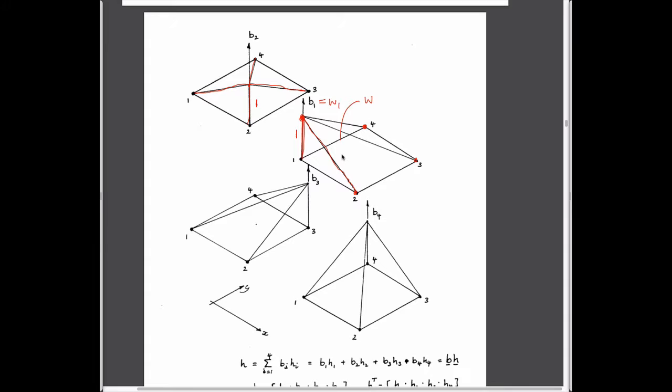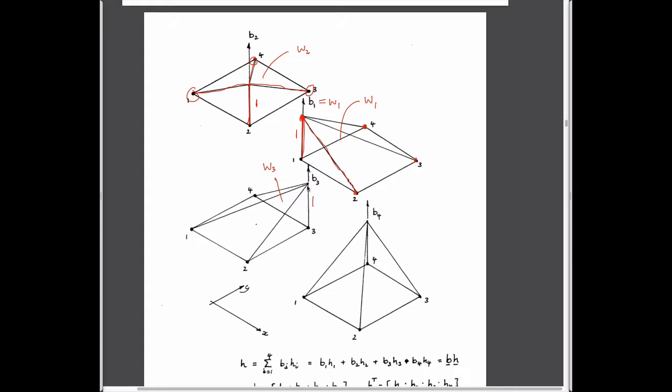It's important for us to realize that. So this is the function w1. This would be the function w2. It's equal to unity at node 2, and it's equal to 0 at the other nodes. This is the value at node 3, so this would be 1. And this would be w3.